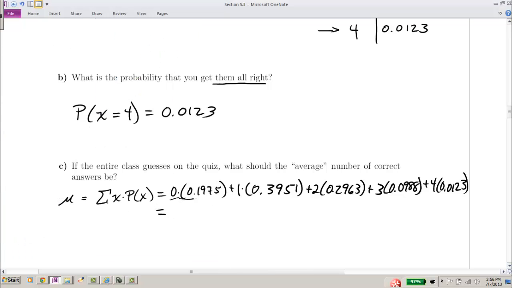This first product is obviously going to be 0 because we're multiplying it by 0. So I'm going to start off with the second product.